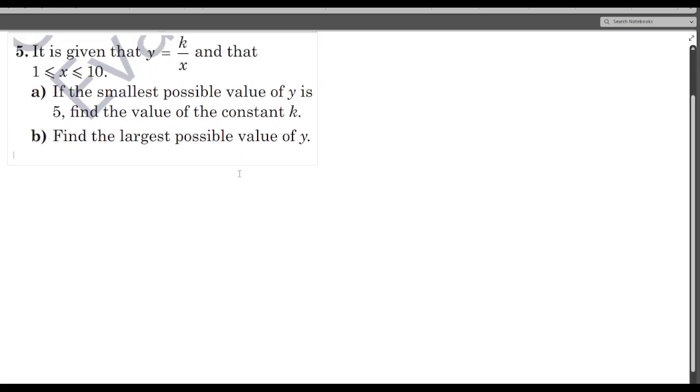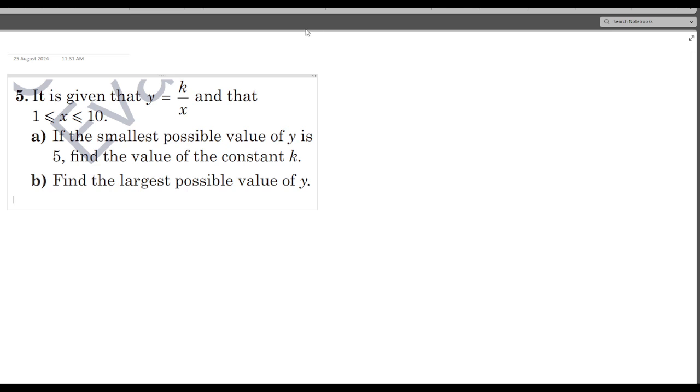Now question number 5, it is given that y is equal to k by x and that x is greater than or equal to 1 and less than or equal to 10. If the smallest possible value of y is 5, find the value of constant k.